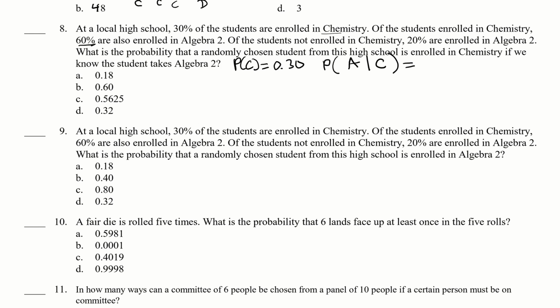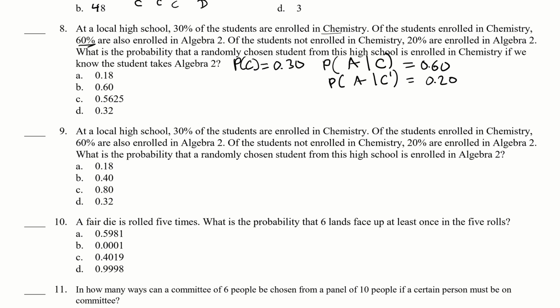Well, they said it was 60%. You have to understand that that's a conditional probability. Of the chemistry students, the probability that they're in Algebra 2 is 60%. And of the students not enrolled in chemistry, 20% are enrolled in Algebra 2. So we have 0.20.